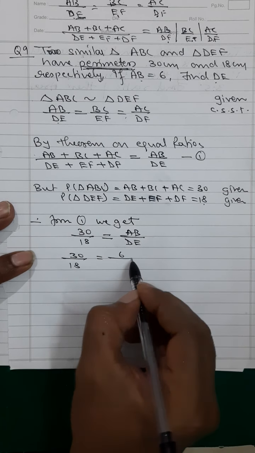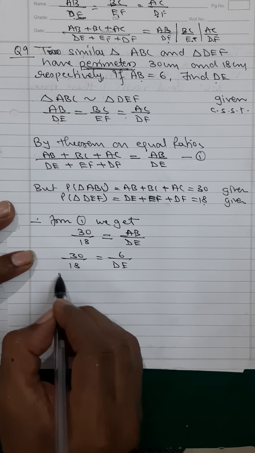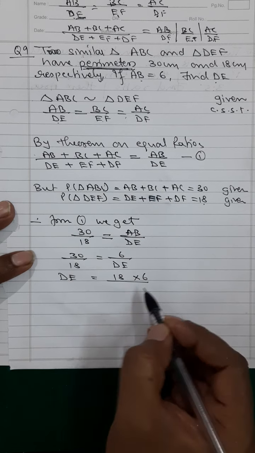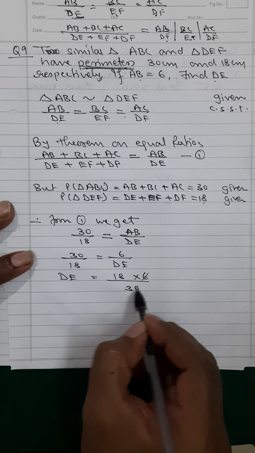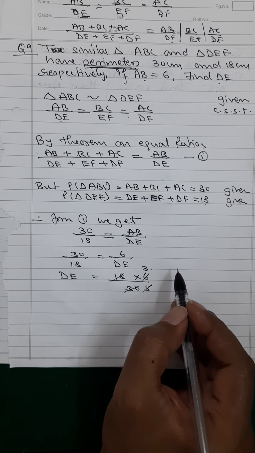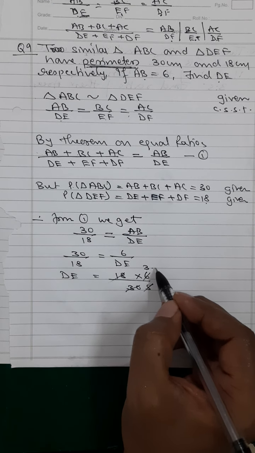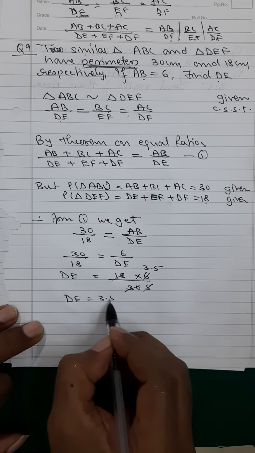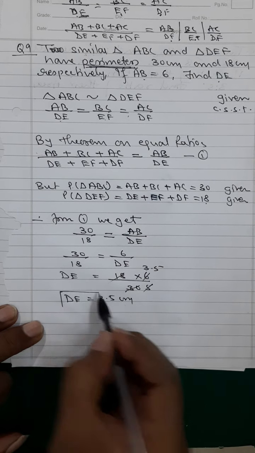AB is equal to 6. Therefore, DE will be equal to, cross multiplication done, 18 into 6 upon 30. 5 is a 5, 3.5. So you will get DE is equal to 3.6 centimeter.